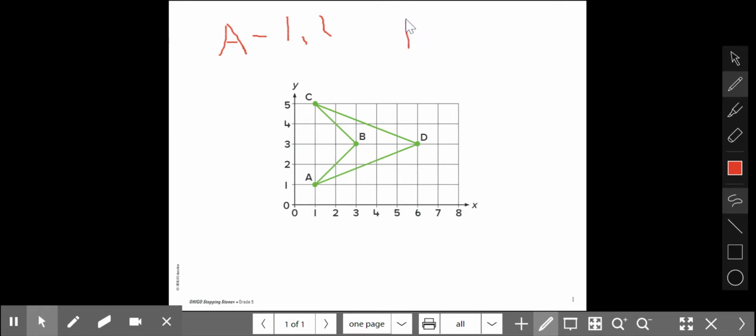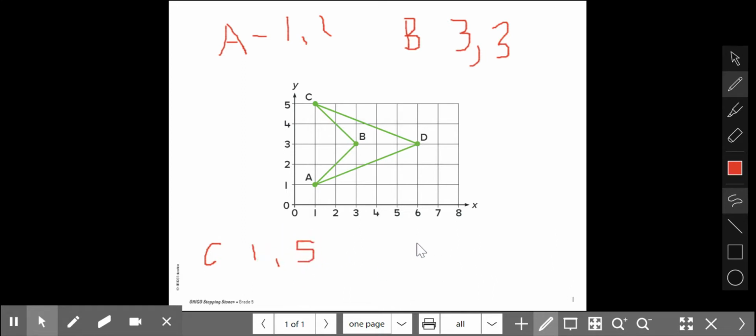Let's find where B is. For B, we start with our x-axis: 1, 2, 3. We write that down, put a comma, and then we have to find out how far up. Since I'm already at this B, I'm going to go across and see that it's 3 over and 3 up. C is found at 1 and 5.